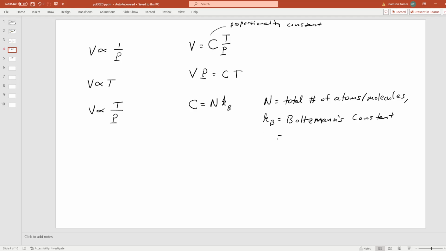This has the value of 1.38 times 10 to the negative 23, and the units on Boltzmann's constant are joules per Kelvin. So it's energy per temperature. And when we put this all together, we get the ideal gas law.